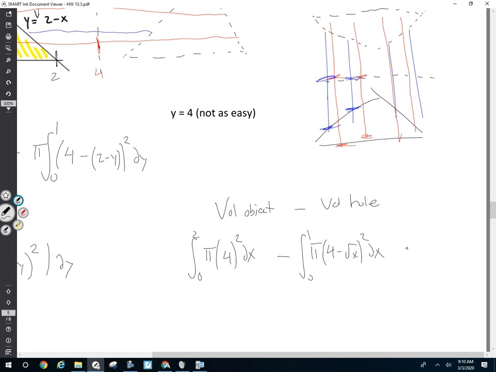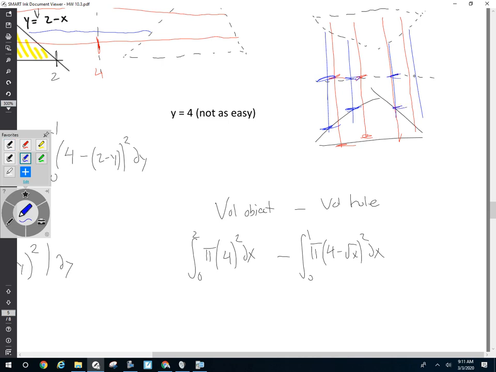But I also have to subtract, or I could just subtract the quantity of the whole. That's 2 different ways to do it. It doesn't matter. The hole on the right side of 1 is going to be the x equals 2 minus y, or the y equals 2 minus x. So I also have to subtract from 1 to 2 pi, and I have this 4 minus 2 minus x equation.